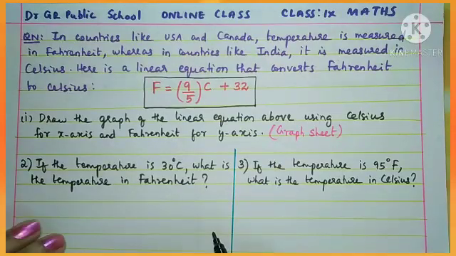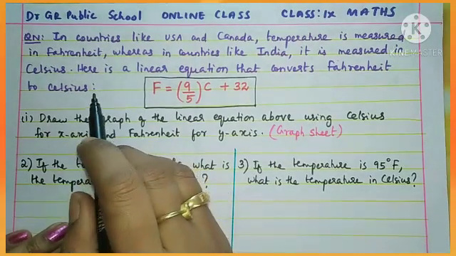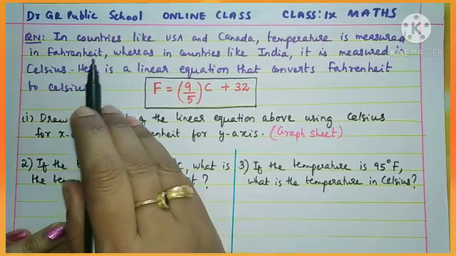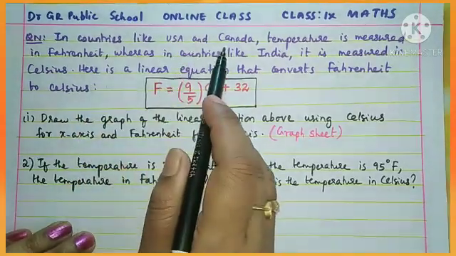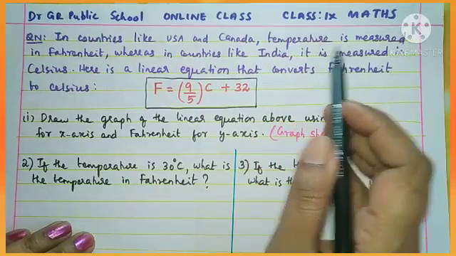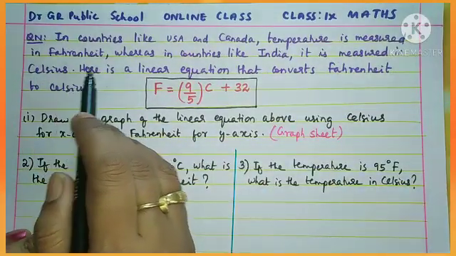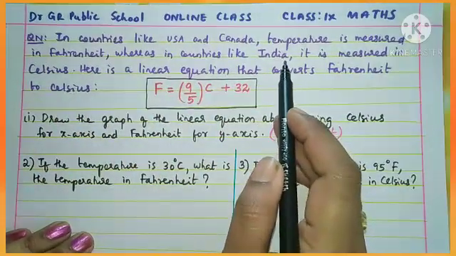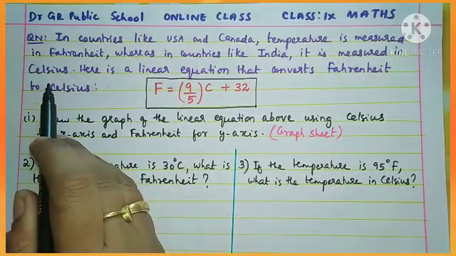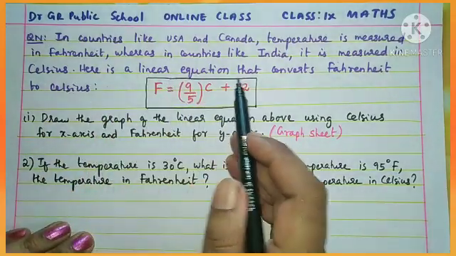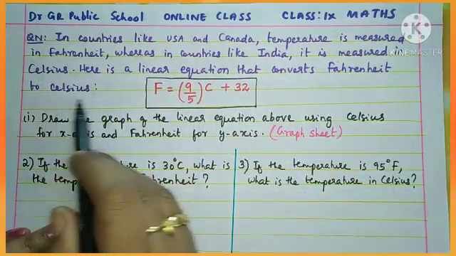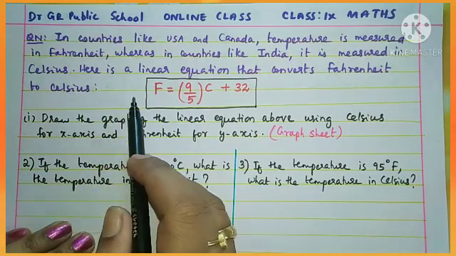This is your next question. Read the question. In countries like USA and Canada, temperature is measured in Fahrenheit, whereas in countries like India, it is measured in Celsius. Here is a linear equation that converts Fahrenheit to Celsius. You understood, children?